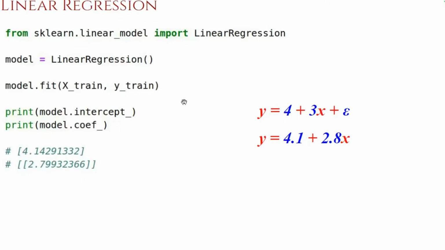In some of the books, it is mentioned that in the loss function, the mean square error function, the sum of the squares is divided by twice m, and in some books by m. Is it because of that twice m that this kind of 4.1 and 2.8 is happening?